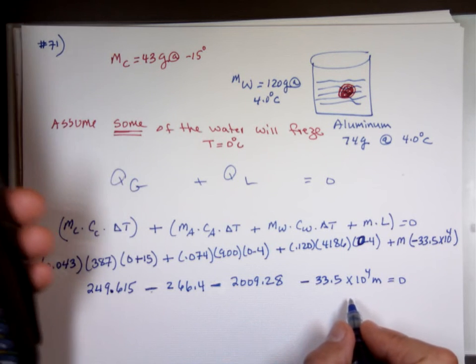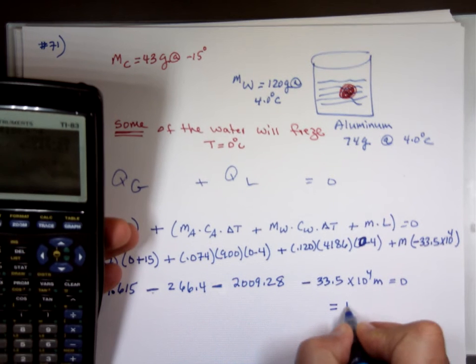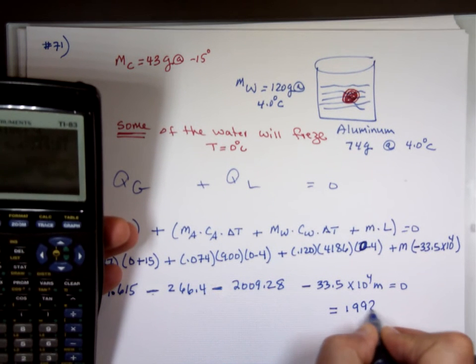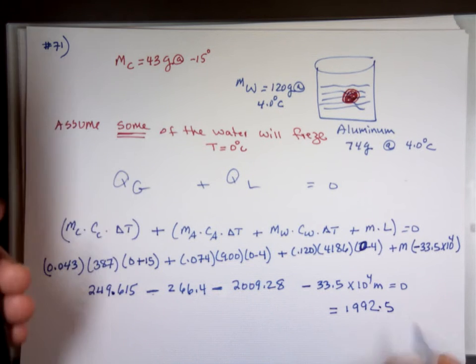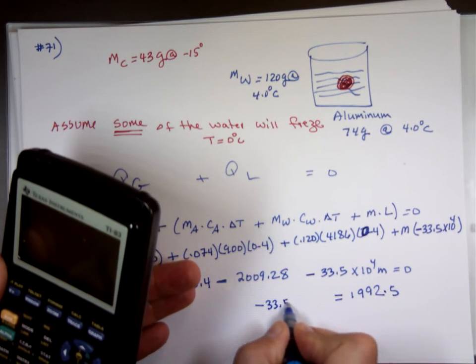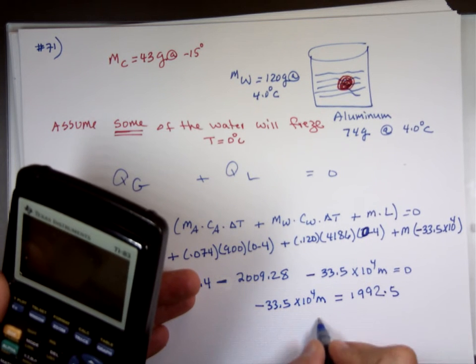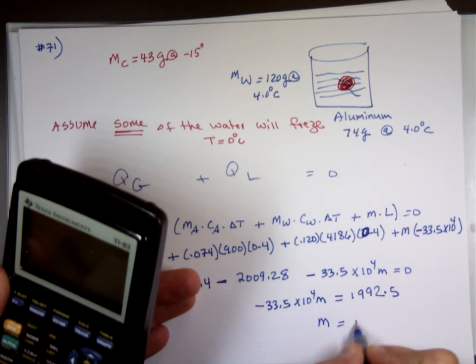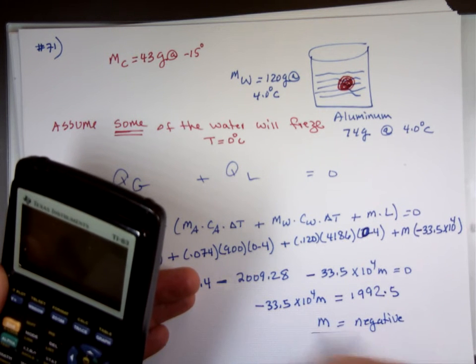If I did the math correctly, that's equal to plus 1992.5, and this number is negative 33.5 times 10 to the 4 m. You divide by m, that's a negative value, which says something is not right. How can the mass be negative?